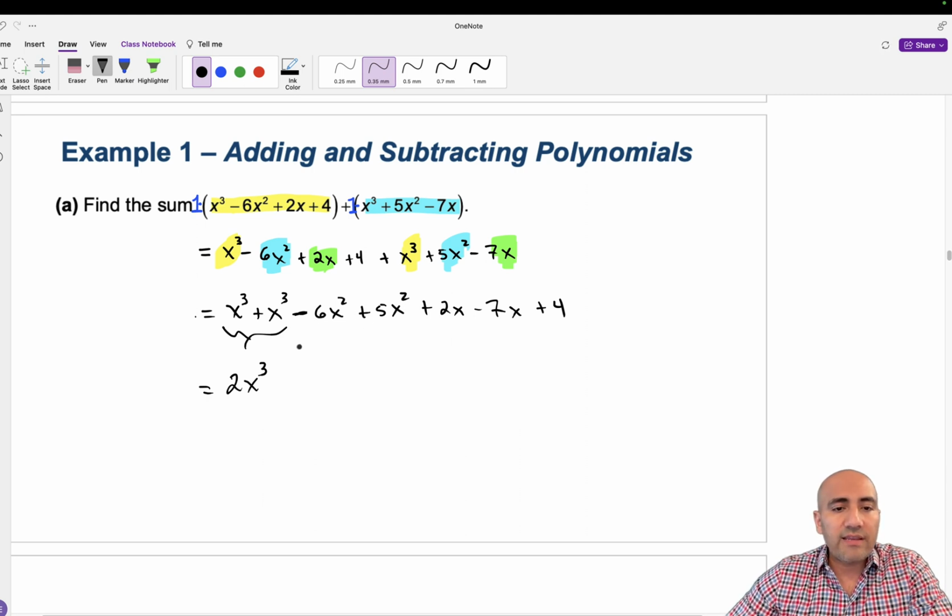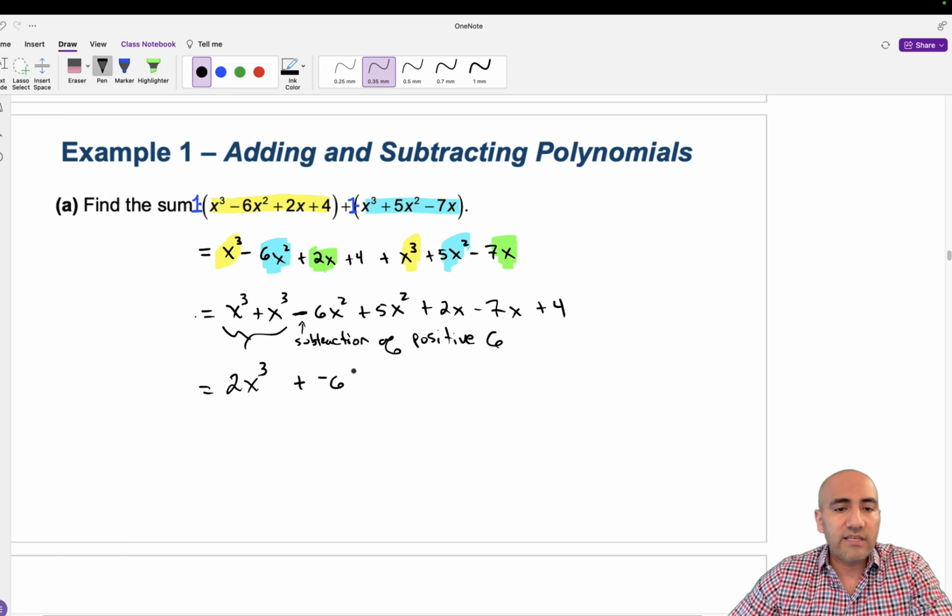We can also think of it as an addition of a negative number, right? So this right now refers to a subtraction of a positive 6. And so that can be the same thing as adding a negative 6.